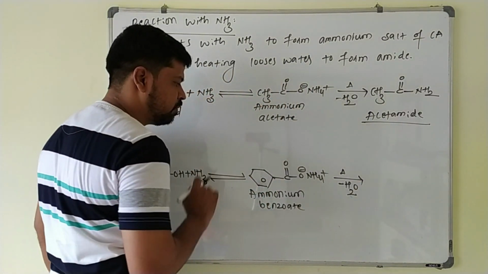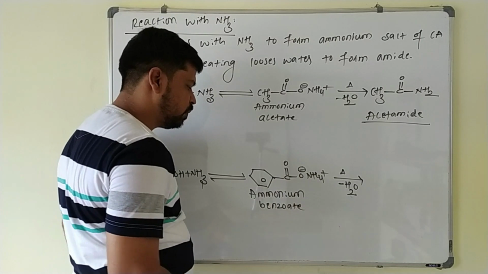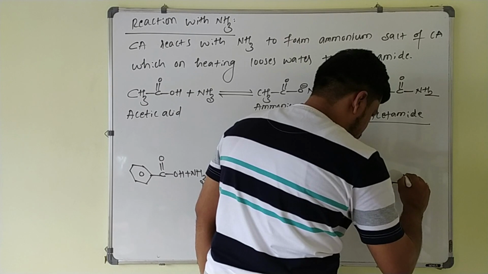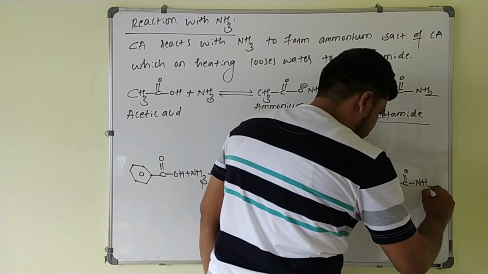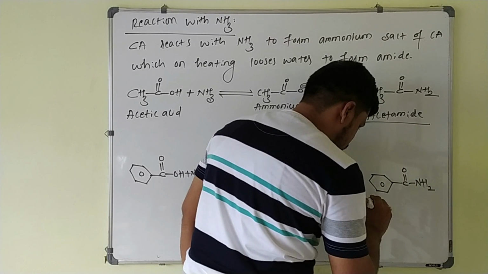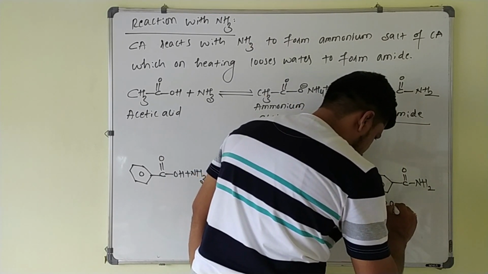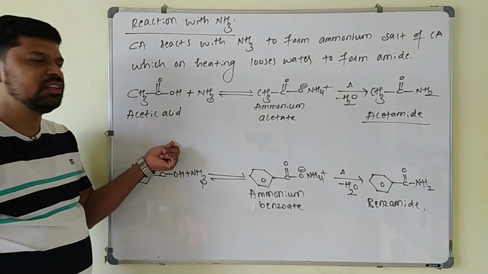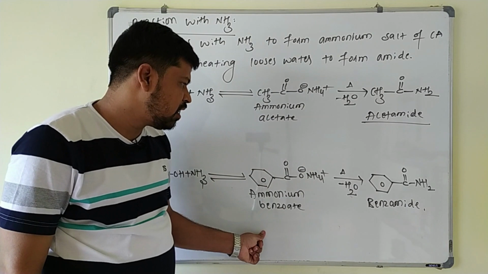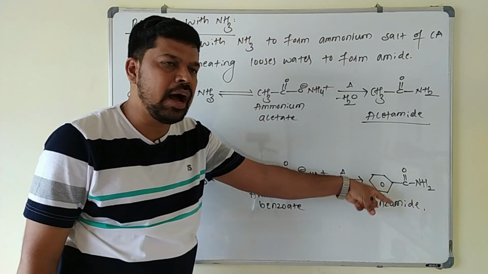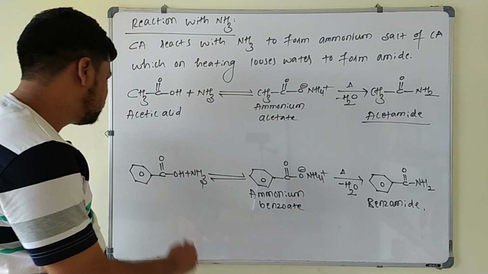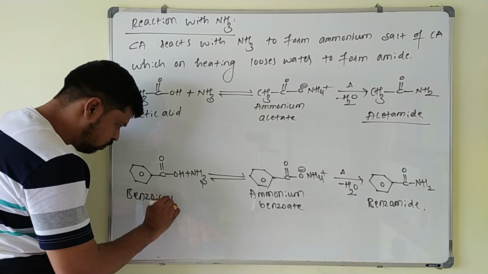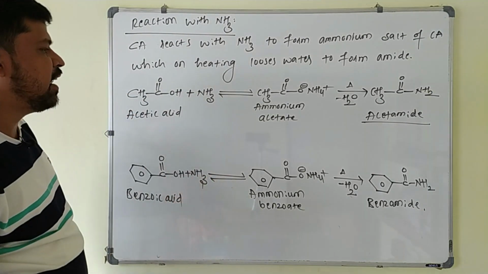Here H2O is removed, so that it becomes CONH2. So ultimately your product will be benzamide here. So like this, carboxylic acids react with ammonia. First they form a salt, which on heating loses water to give amides, acetamide and benzamide here. Here it is benzoic acid that reacts with ammonia. Next example.